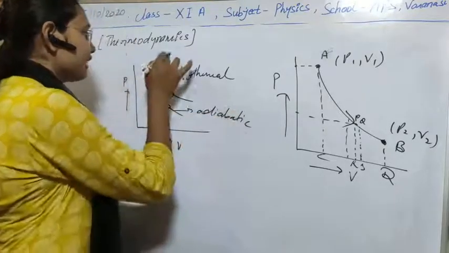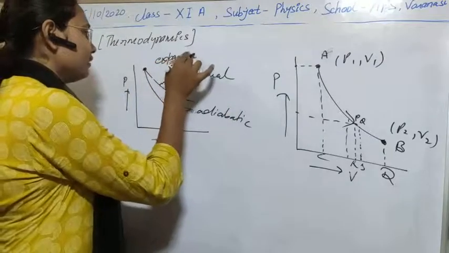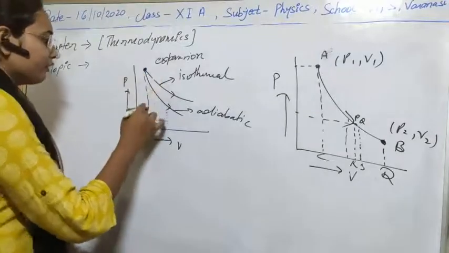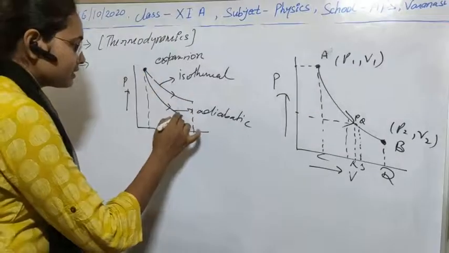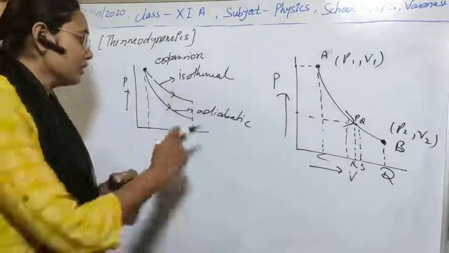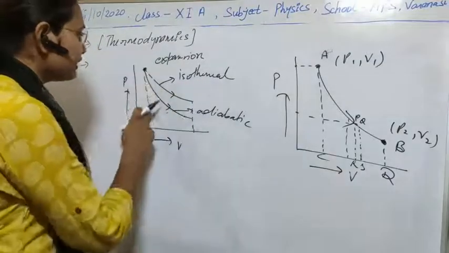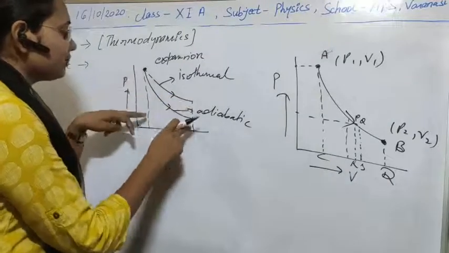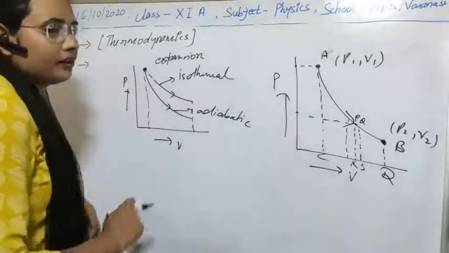If the gas is expanding, then this was the curve, and if we calculate the expansion in case of the adiabatic process and the isothermal process, then after calculation we can see that the area under the curve of isothermal is greater than the area under the curve of adiabatic.